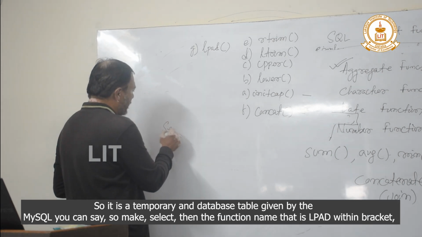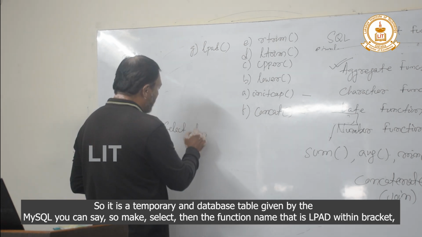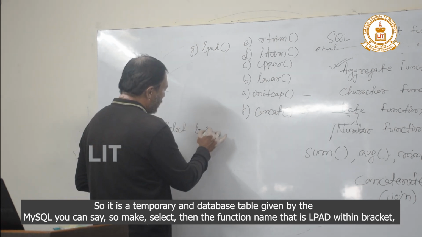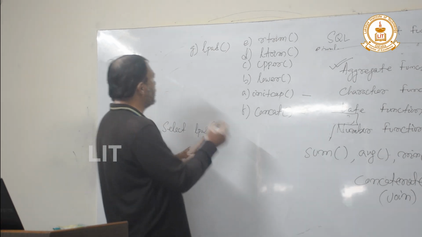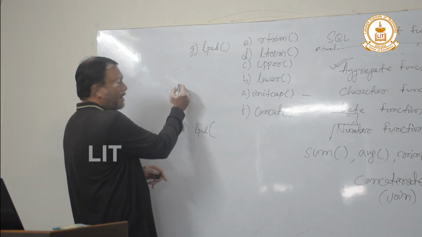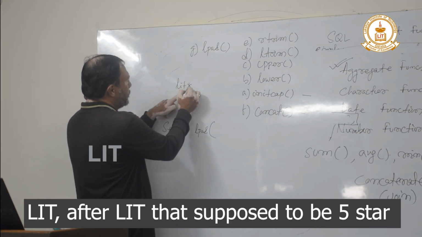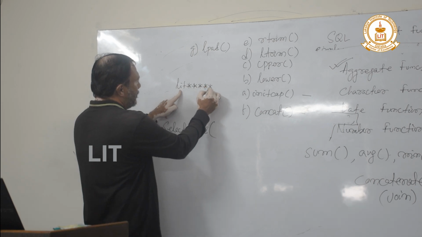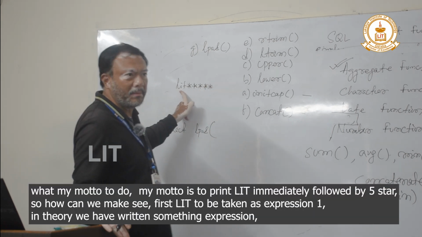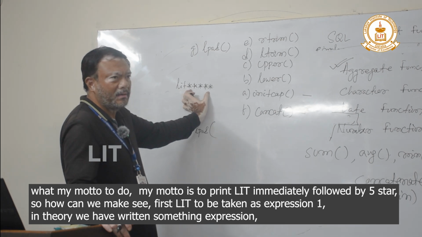So make select, then the function name LPAD, within brackets. Suppose I need something written like this: LIT, and after LIT there should be 5 stars. My aim is to print LIT immediately followed by 5 stars.